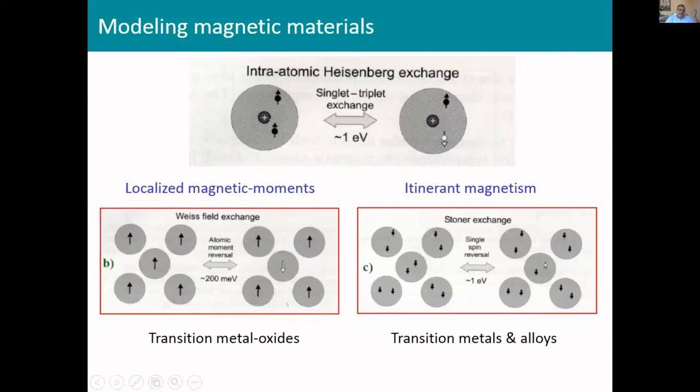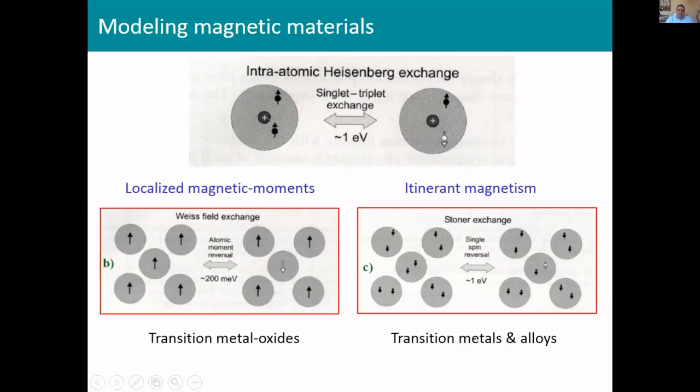Some systems corresponding to these extreme cases, for one side are the transition metal oxides. This kind of system, we can start modeling using Hamiltonians like the Heisenberg Hamiltonians. And we know that this kind of system has a strong electron correlation. In the case of itinerant magnetism, the representative systems are transition metals, alloys, and also elements with F electrons.